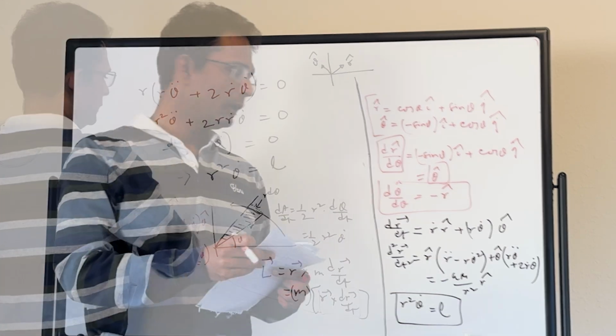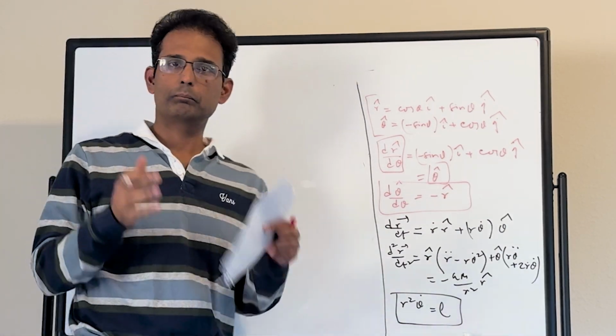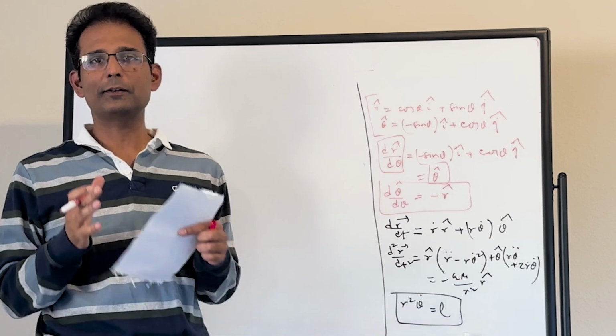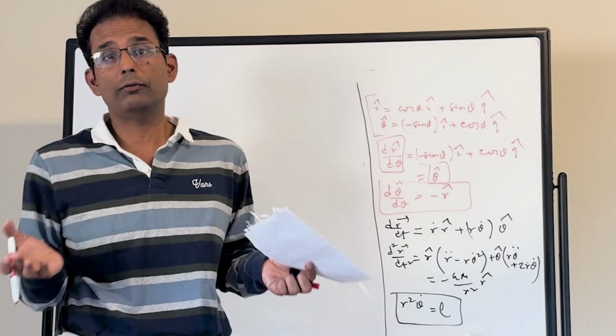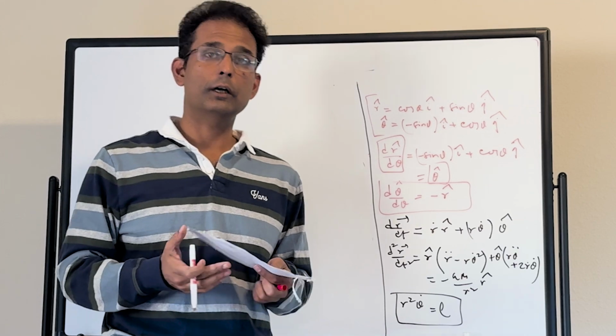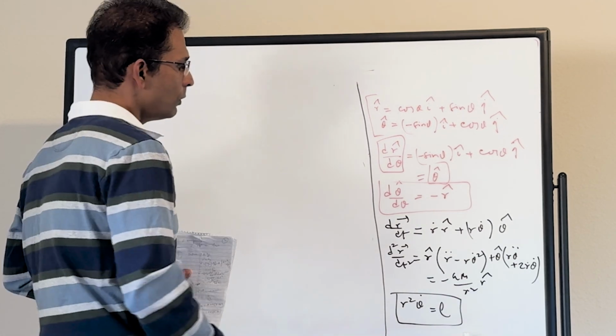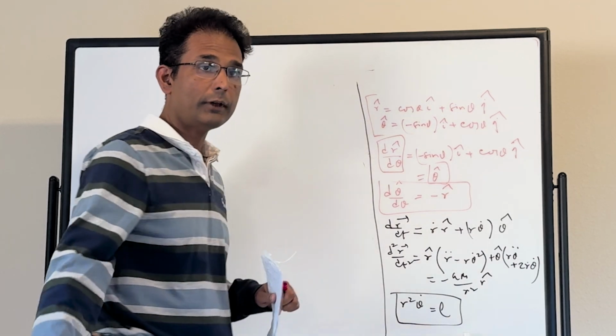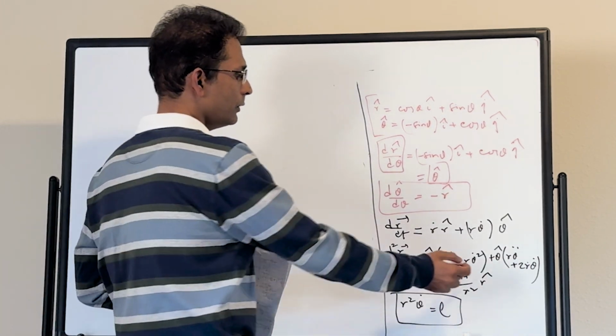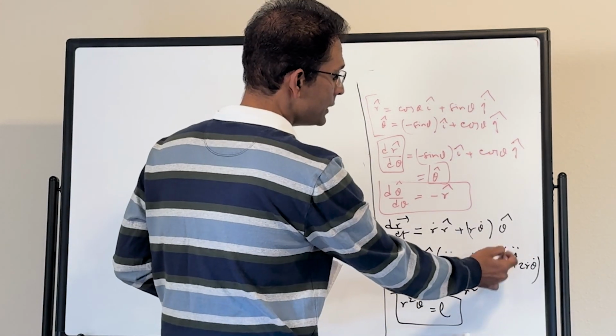So now is the final stage of the derivation, of showing that the planets actually follow an elliptical trajectory. What I'm going to do is equate the r hat to r hat. That's the next logical step. There was no theta hat, so that's why I set this to 0.